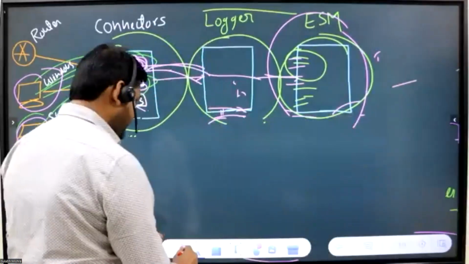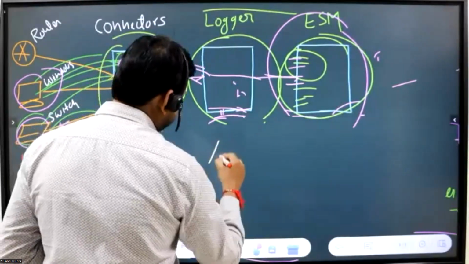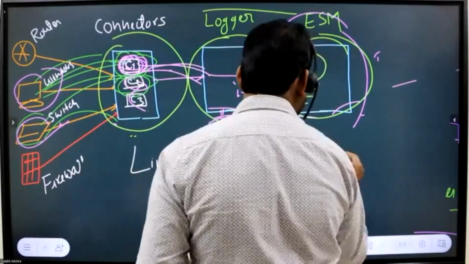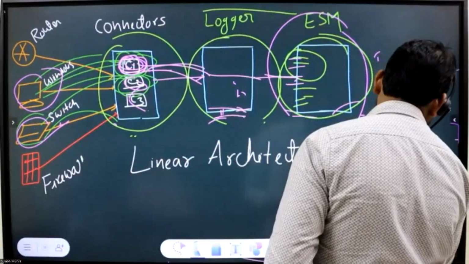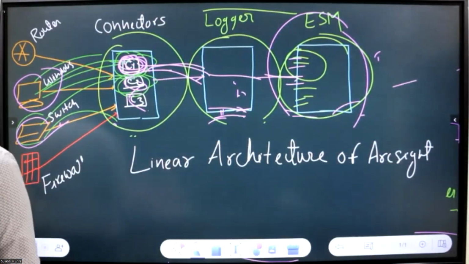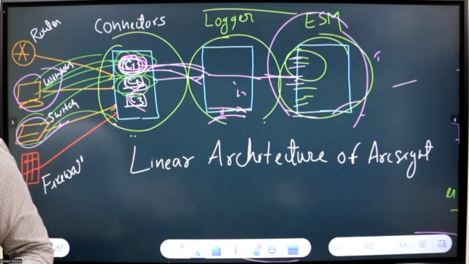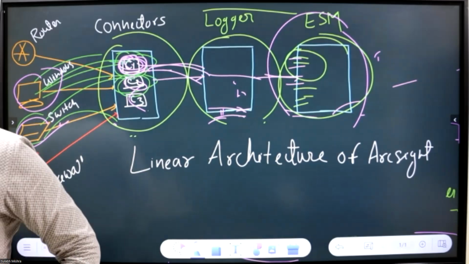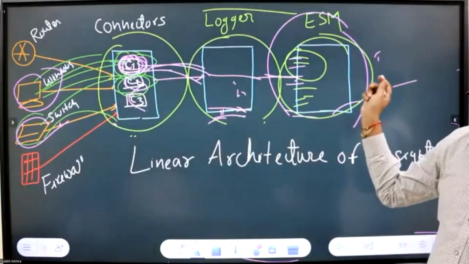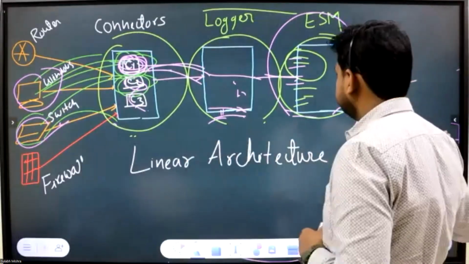Understand? Why do we call it linear? Because the connector forwards the logs to the logger and further to the ESM, the linear model. That's what we call the linear architecture of Arcsight. Understand? Written.